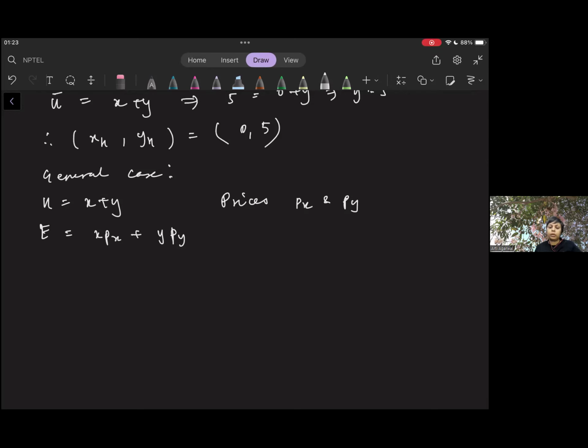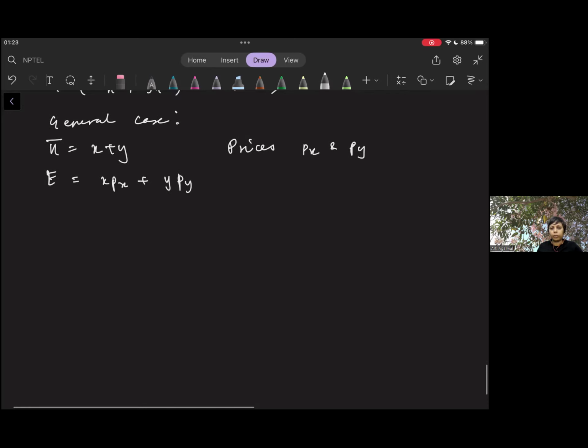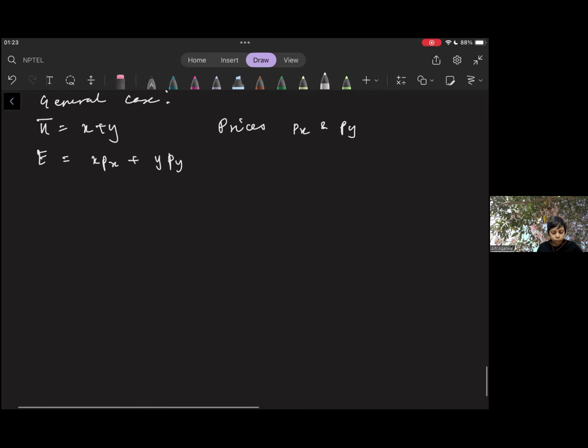Okay, so now in this case, we need to find the expenditure function, which means we are holding utility constant. So first of all, let's put u as u bar because that symbolically indicates that we're holding u constant. Okay. Now, what is the condition for optimization?